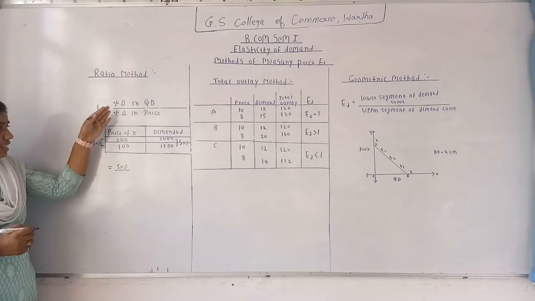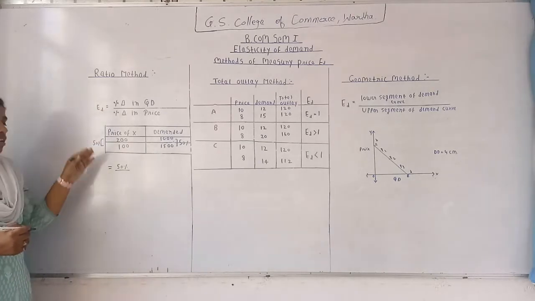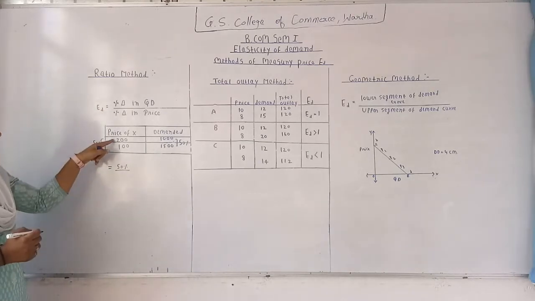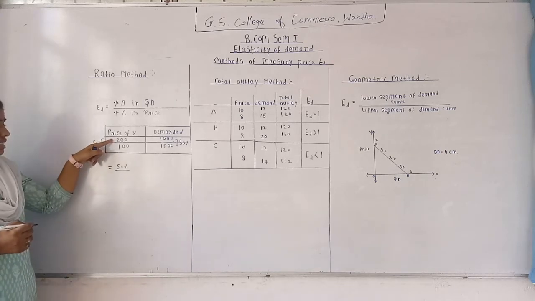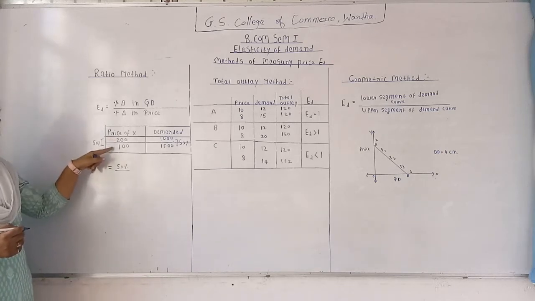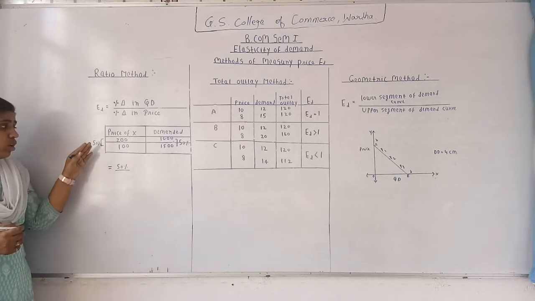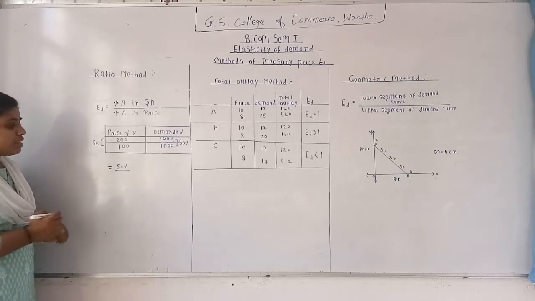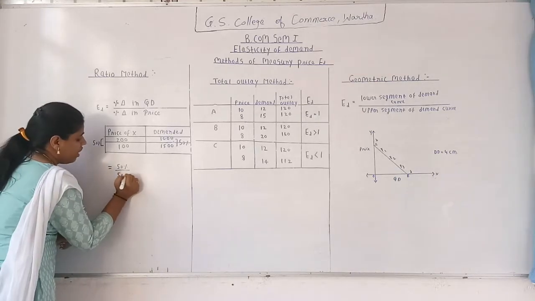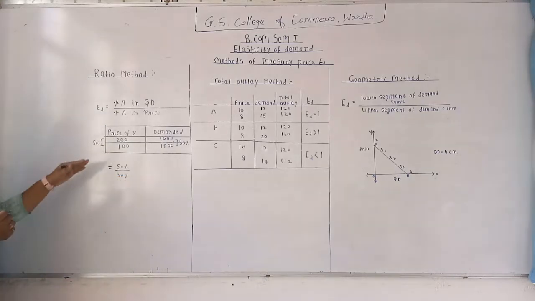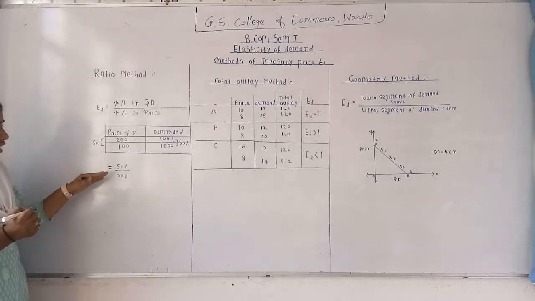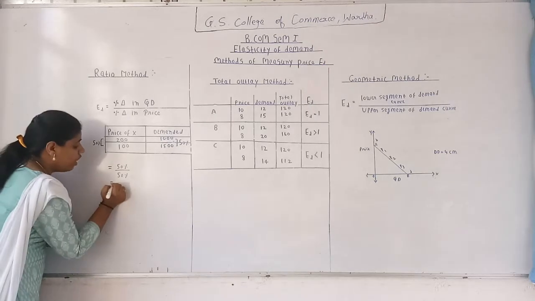Then we have to divide it by percentage change in price. Here the original price is 200 and it has declined by 100 rupees to become 100 rupees, so in price also there is a 50% change. When we make the calculation, we get 1.